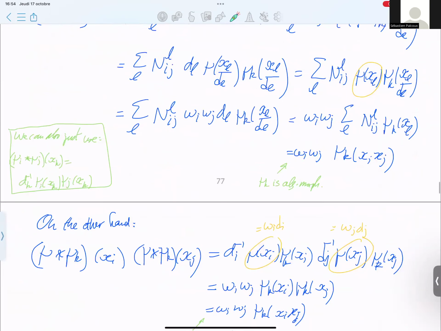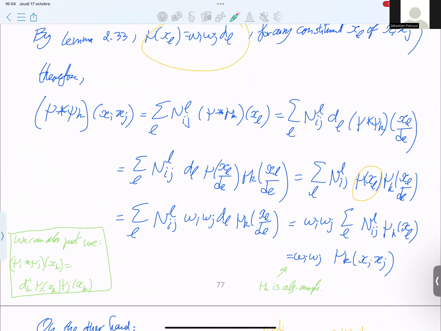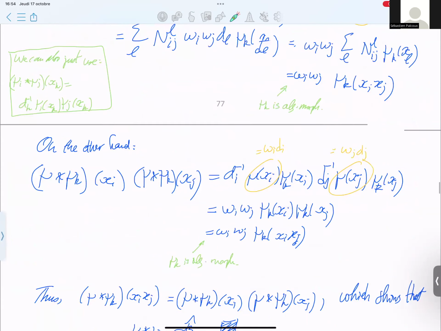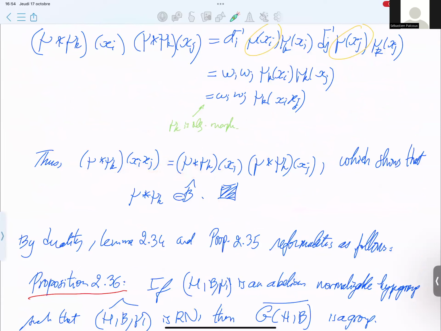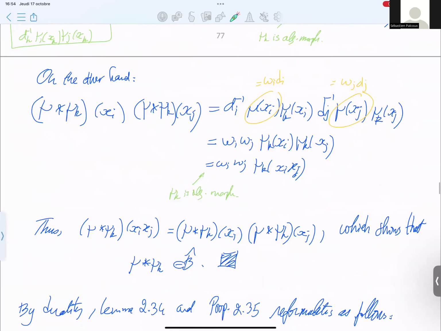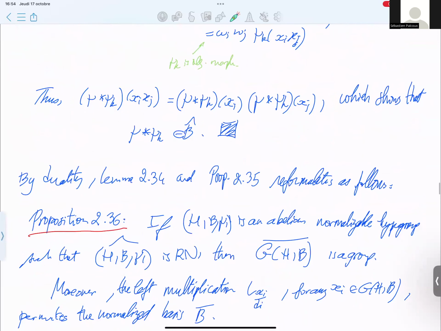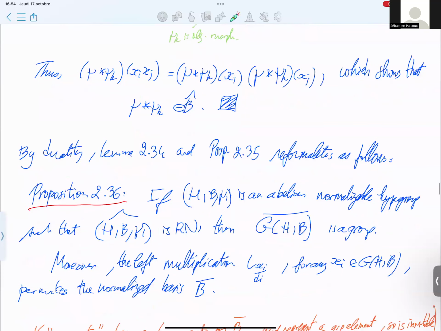That's why you have some on the other hand, because you compute the left-hand side in some way, the right-hand side in some way, and you get some equality. And so what you wanted to prove reduced to you have this equality. You prove that the left-hand side equals the right-hand side just by computing that in two different ways. Okay.